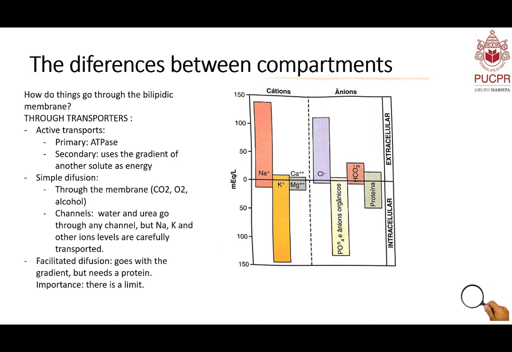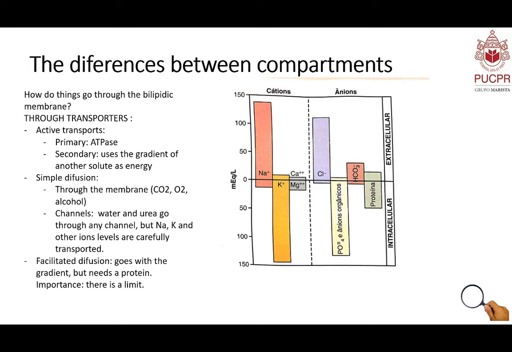For instance, we have an active transportation that uses the sodium gradient, which makes the sodium want to go inside the cell because it's highly concentrated in the extracellular space. And so it uses this energy of the sodium wanting to go inside the cell to put the calcium ion also inside the cell.